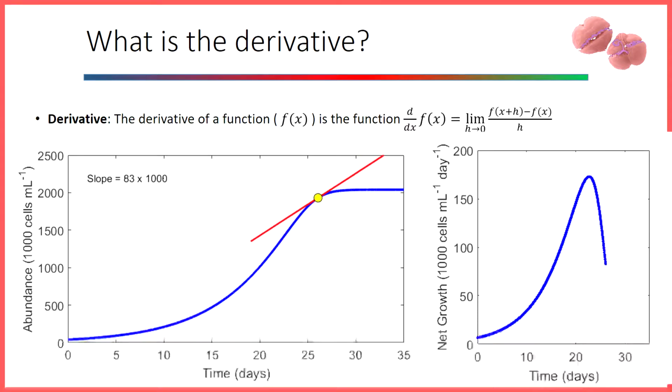On the other hand, when the slope becomes much shallower, the net growth rate starts to drop. This is what is meant by the geometric definition of a derivative. The derivative at any point is equal to the slope of the tangent line going through that point, which is shown in red in this graph.